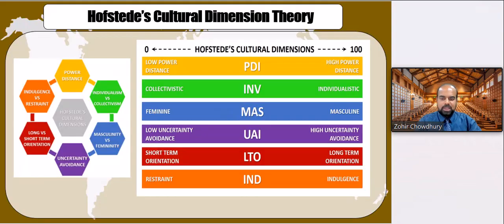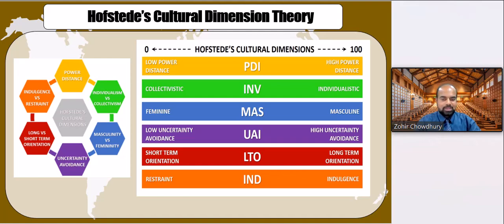Hofstede's cultural dimension theory is a framework for cross-cultural psychology developed by Geert Hofstede. It shows the effects of a society's culture on the values of its members, and how these values relate to behavior, using a structure derived from statistical factor analysis.